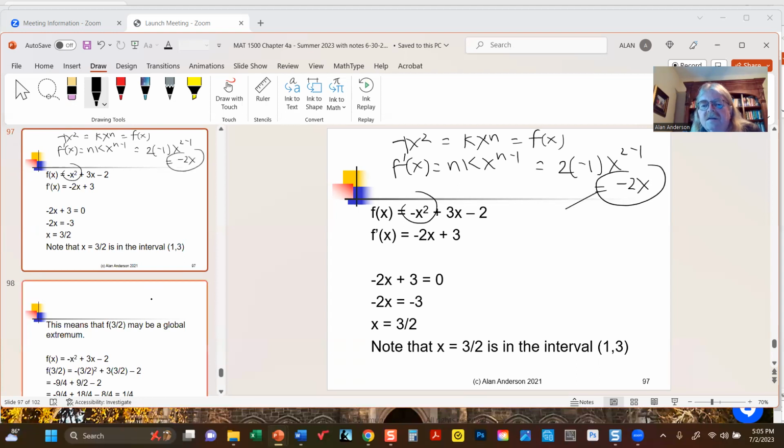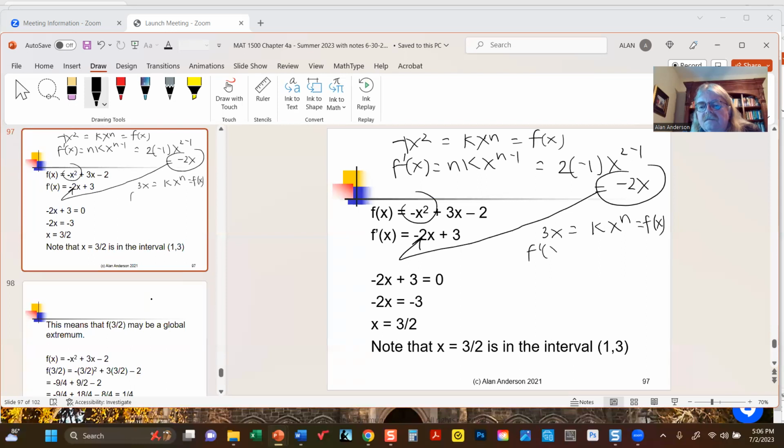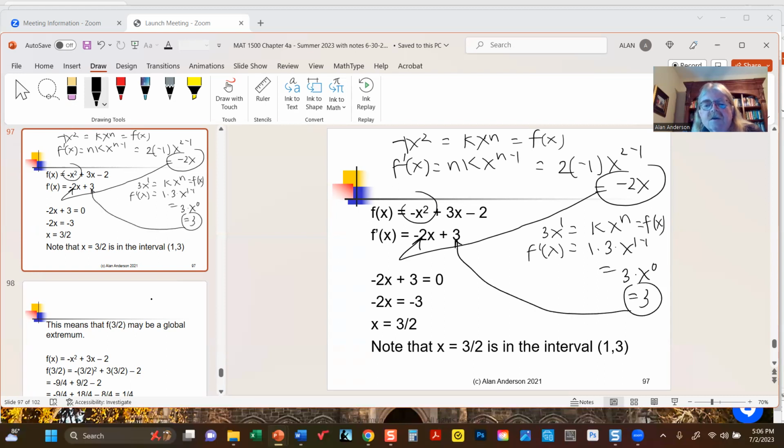That's negative 2x. And then for the 3x, there's an implicit 1 here, so you'll have 1 times 3 times x to the 1 minus 1, or 3x to the 0, or just 3. So in other words, the first derivative of this function is negative 2x plus 3.